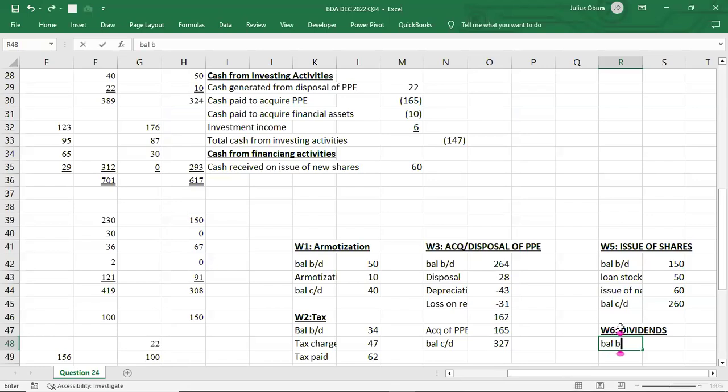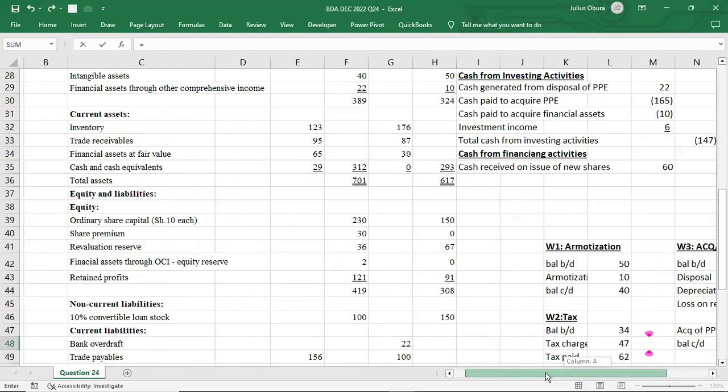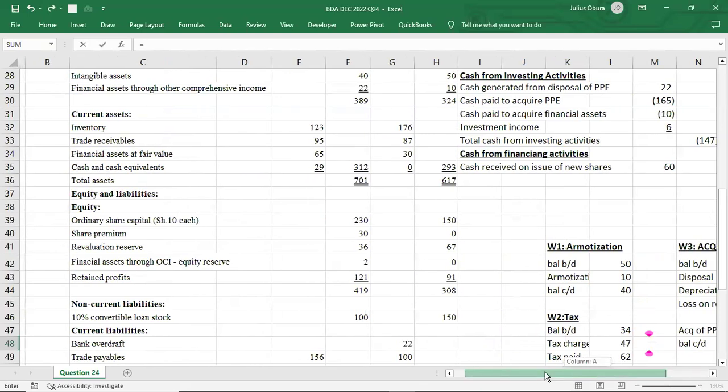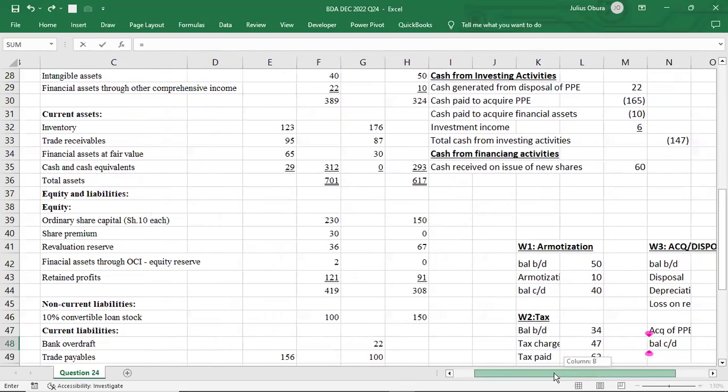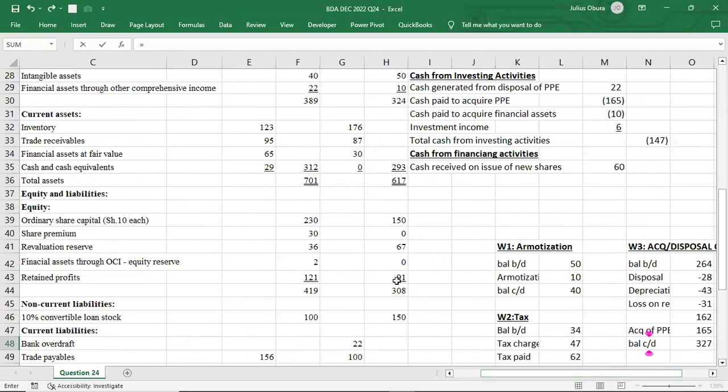So we have our balance brought down. We use the retained profits to compute whether there were dividends paid or not. So the balance brought down for the retained profits is 91.